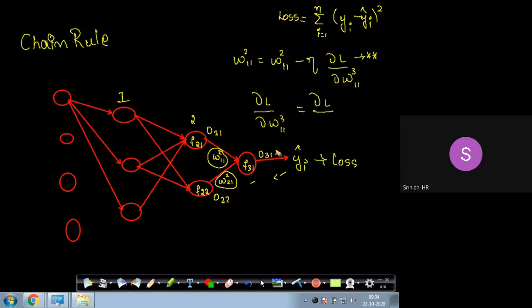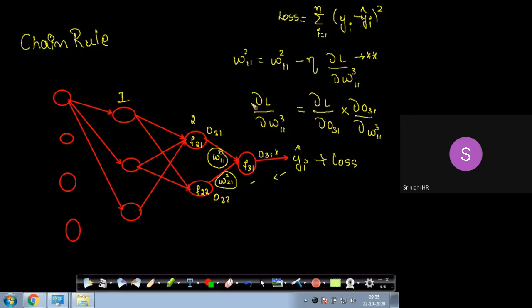After getting this O31, I'm going back and updating this particular weight.